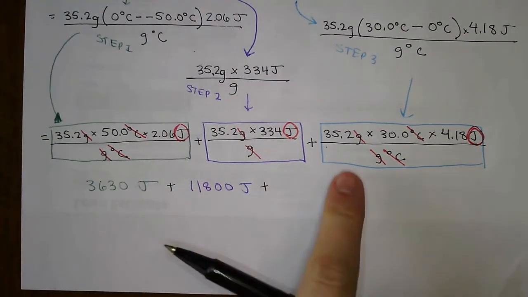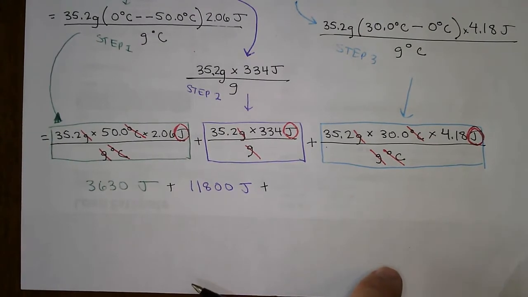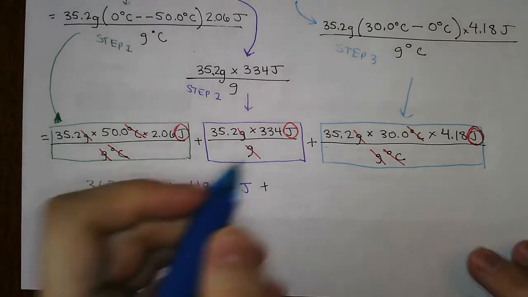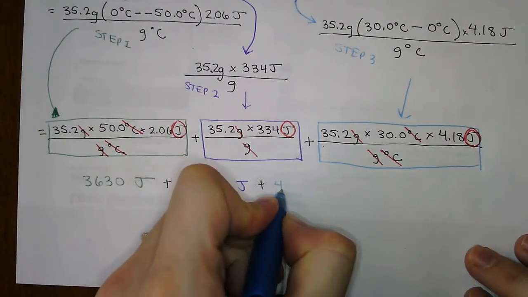And my step 3, 35.2 times 30 degrees, except the degrees is gone, times 4.18. And to heat up that water, that will be 4,410 joules.